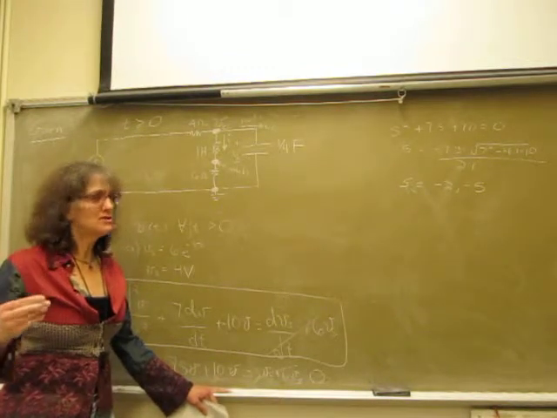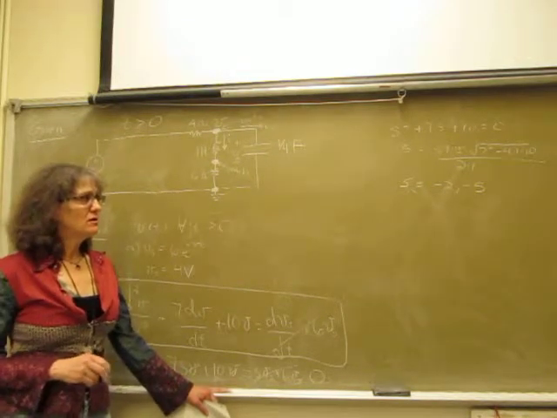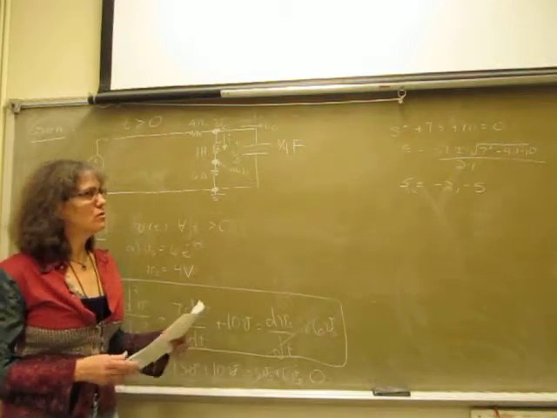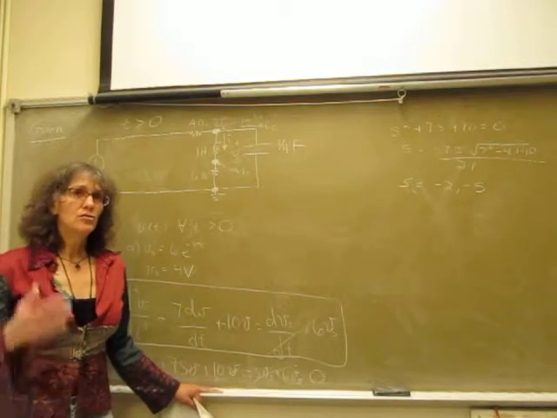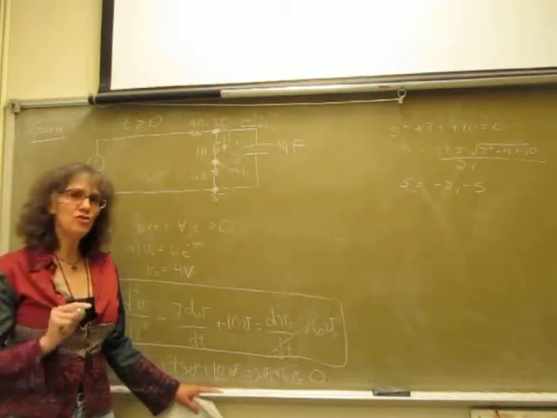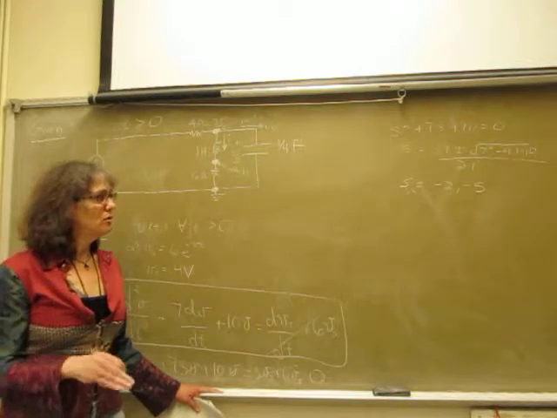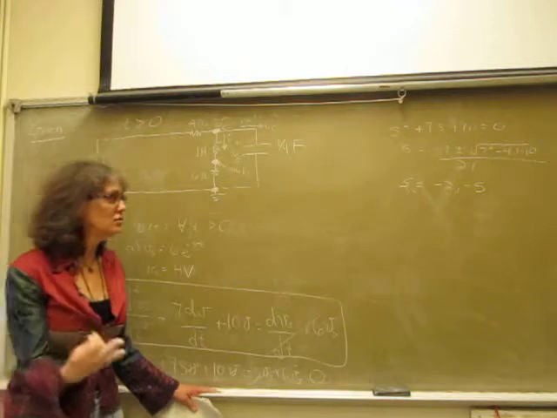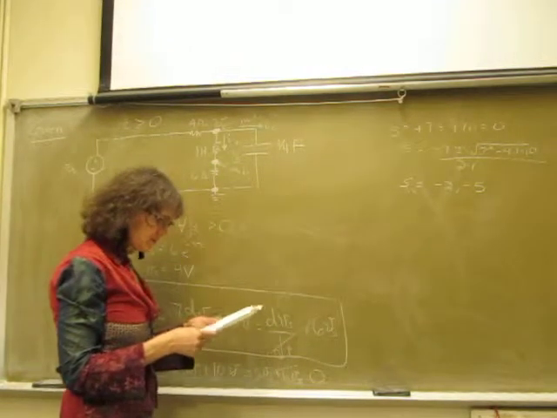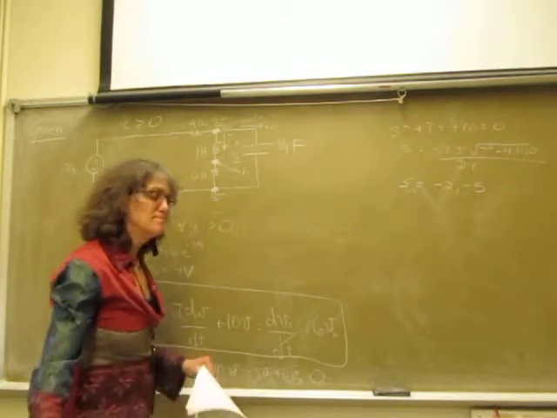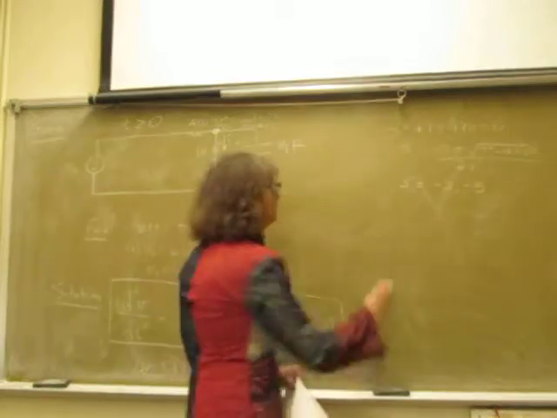There are going to be 3 possibilities. The roots are either going to be distinct and negative, or equal to each other, or imaginary. Depending on which case you have, that determines which form of the natural solution you have. So there are only 3 different forms, and what we have here is called the overdamped case.